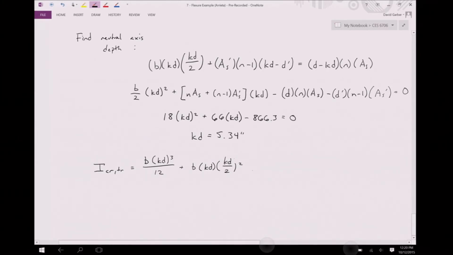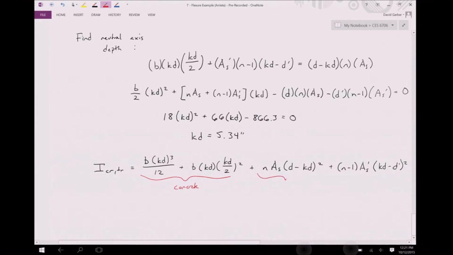So this is our concrete component, plus N AS D minus KD squared plus N minus 1 AS prime KD minus D prime squared.